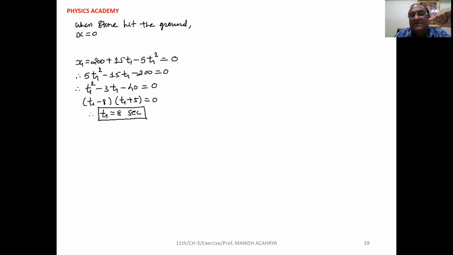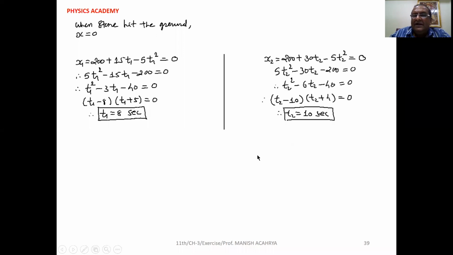After that, whatever the position of the second one is, that is an independent position. Therefore, your graph is a straight line only up to 8 seconds. Clear to all of you? Now, after 8 seconds, only the second stone is in the air. So its position is independent, or we can say it is with respect to the ground.